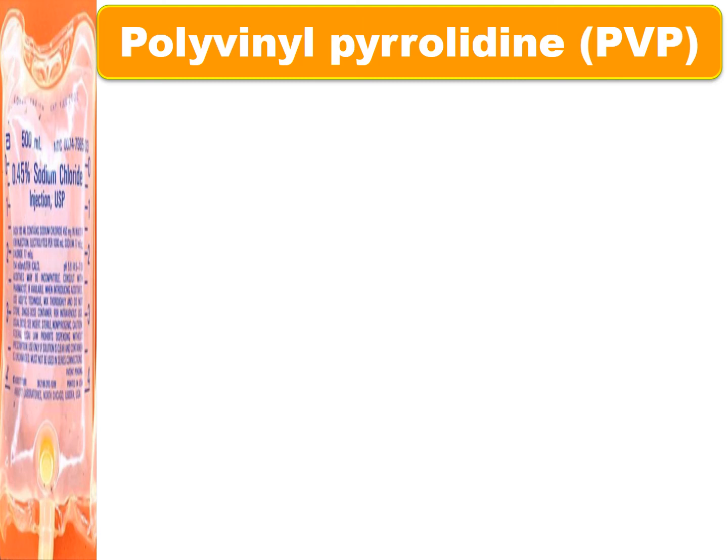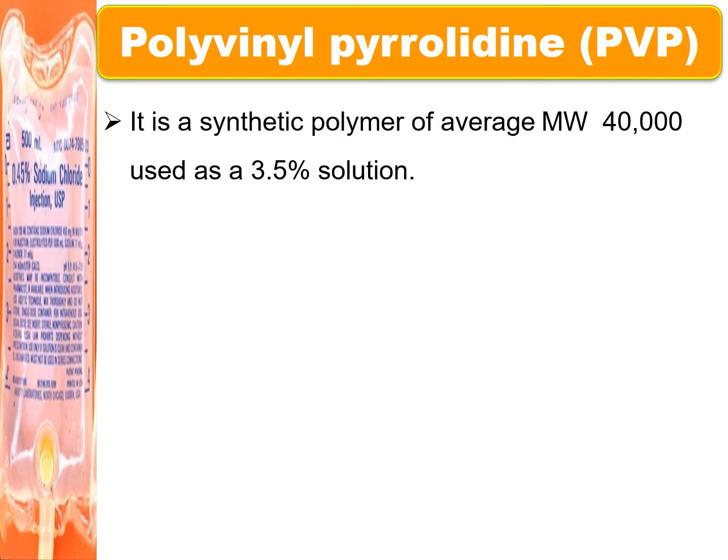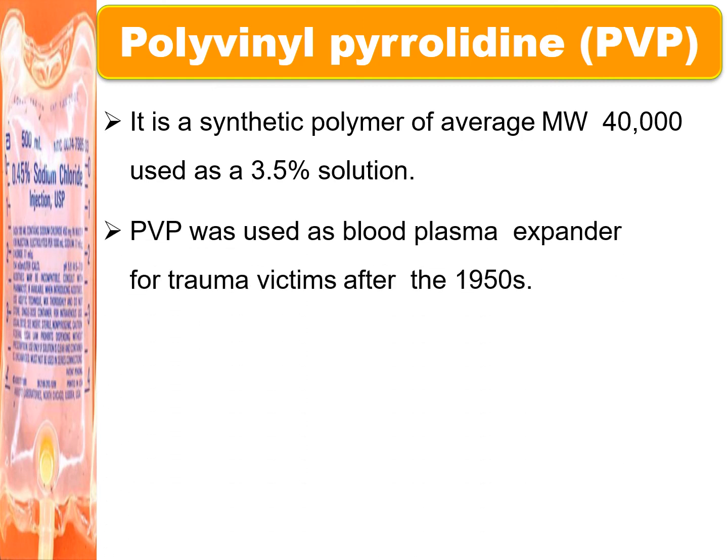Then another plasma volume expander is polyvinyl pyrrolidone, abbreviated as PVP. Polyvinyl pyrrolidone is a synthetic polymer of average molecular weight 40,000. It is used as a 3.5% solution. It was used as a blood plasma expander for trauma victims after the 1950s.